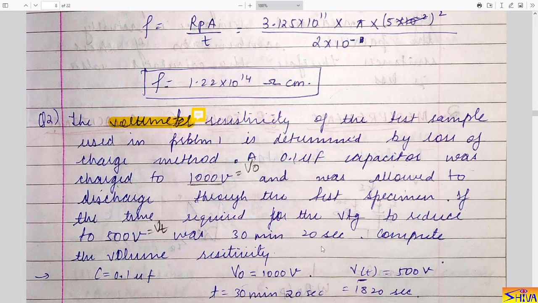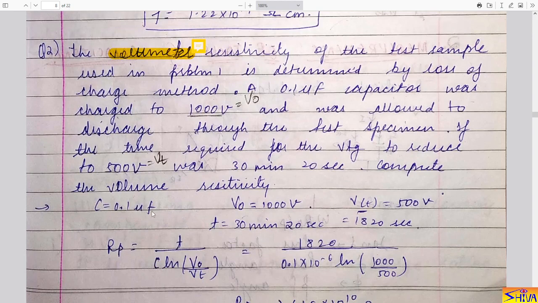Compute the volume resistivity. So C is 0.1 microfarad, initial voltage is 1000 volts, voltage at which we are computing the resistance is 500 volts, and time required by this capacitor to discharge to 50% of this value is 30 minutes 20 seconds. We have to take this in seconds, so it is 1820 seconds.